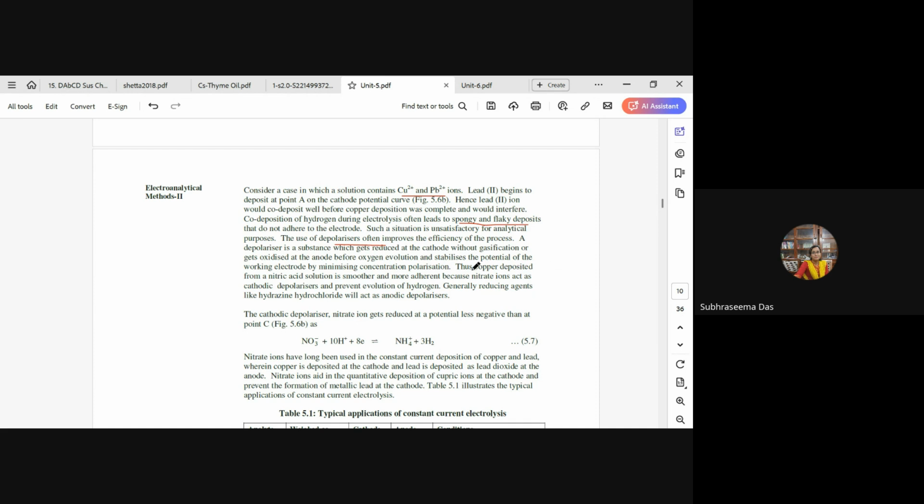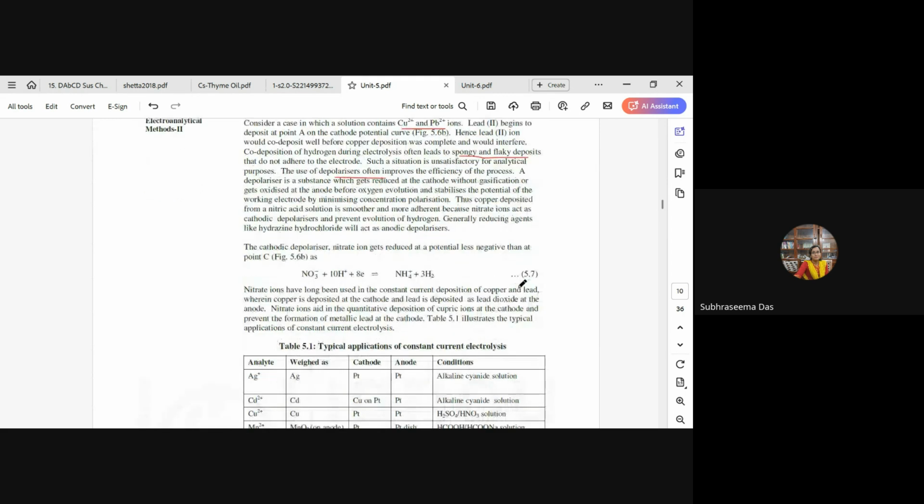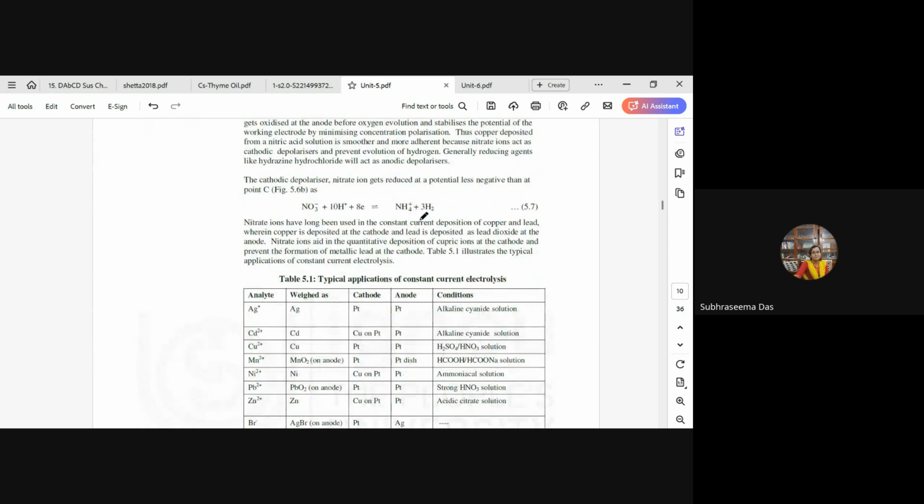Here the copper that is deposited is smoother in nature because the nitrate ions act as the cathodic depolarizer and prevent the evolution of hydrogen. Nitrate ions have been used in the constant current deposition of copper for a very long time, because they help in the quantitative deposition of cupric ions at the cathode and prevent the formation of metallic Pb at the cathode.